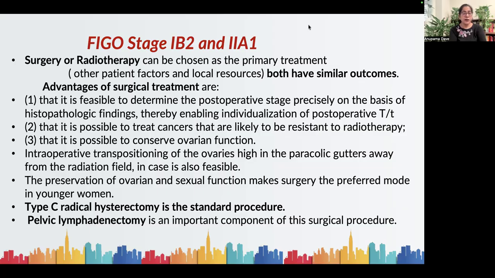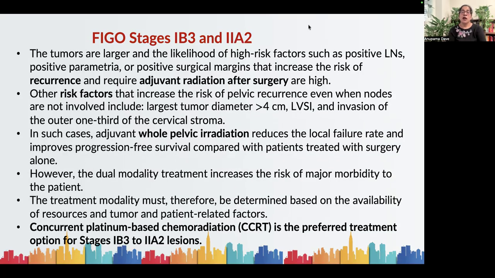Pelvic lymphadenectomy is also an important component. In larger tumors, the likelihood of high risk factors such as positive parametria or positive surgical margins may increase the risk of recurrence, and these cases may require adjuvant radiation after surgery.